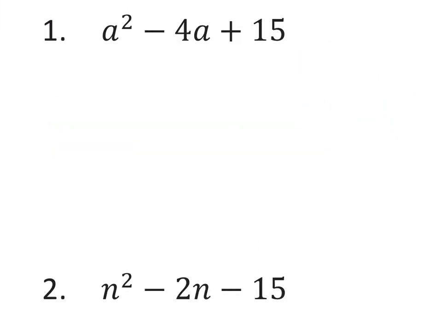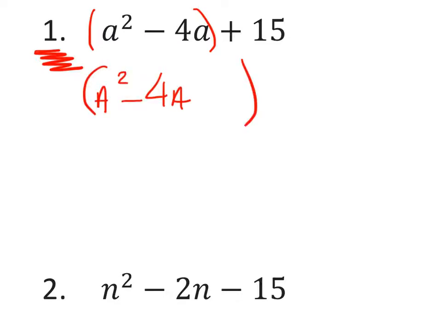Let's try number 1. I must isolate these two so that I have a squared minus 4a, leave a space, and then plus 15. How do I find what goes in this space? What do I do first?